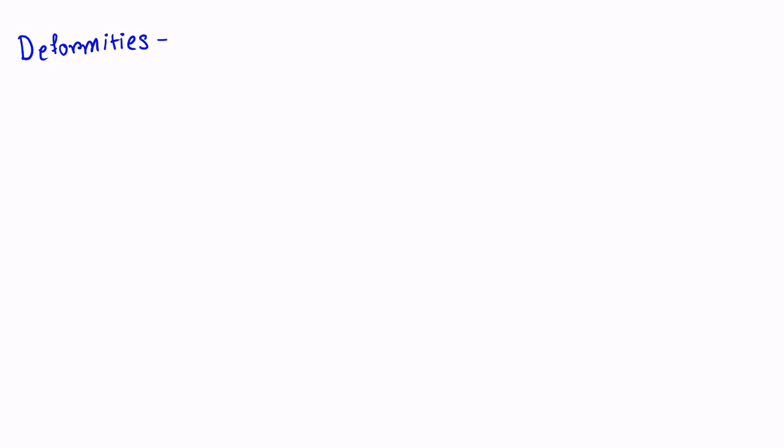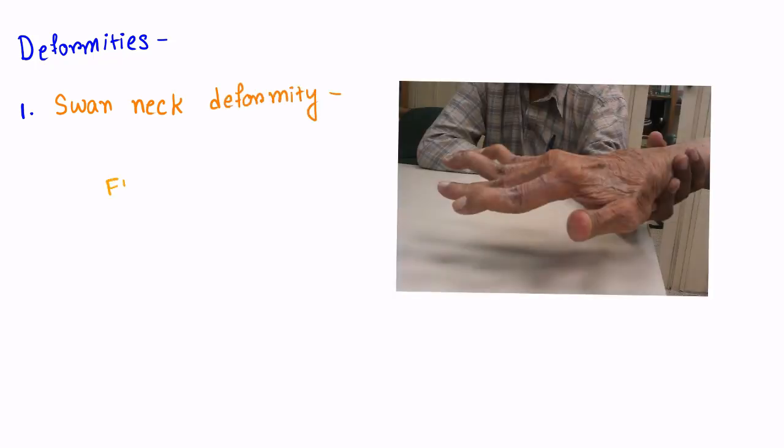Now, let's come to the deformities. Number one is Swan neck deformity. In this deformity, there is flexion at the distal interphalangeal joints and extension at the proximal interphalangeal joint.